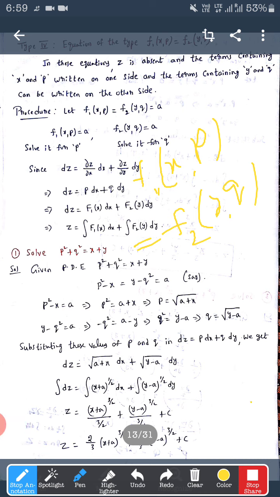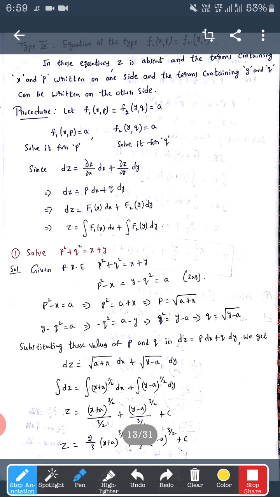That means the terms containing x and p must be on the left side, and the terms containing y and q must be on the right side. This is a type 4 equation. First we have to transform the terms containing x and p to the left side and the terms containing y and q to the right hand side. This is the standard form of type 4 equation.